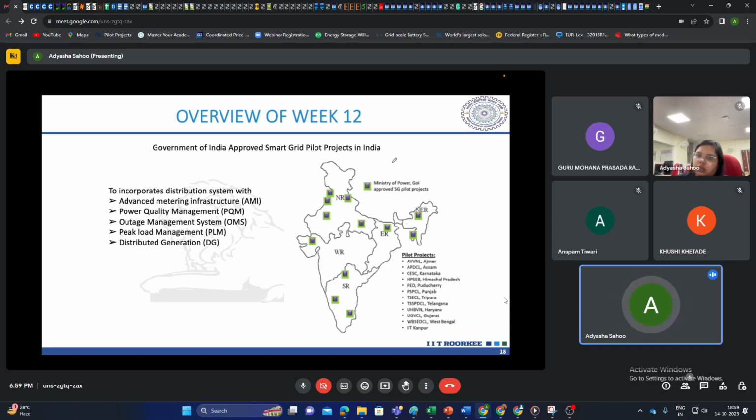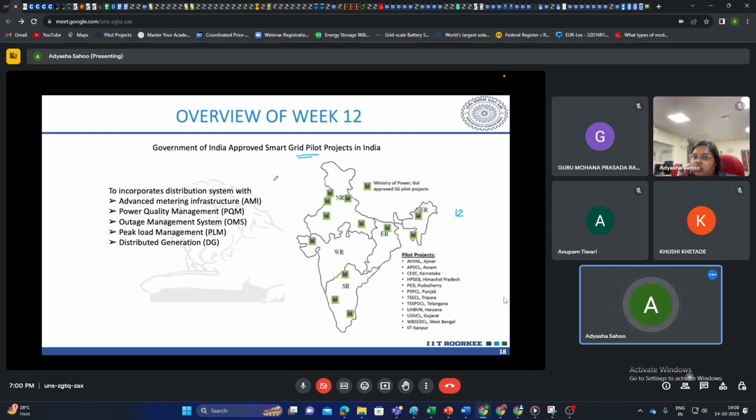Then coming to the various smart grid pilot projects that are running in the nation. So you can see here 3, 4, 5, 6, 7, 8, 9, 10, 12. Near about 12 pilot projects are being run across the nation, and their locations are given here. What these pilot projects are aiming at is changing our conventional grid to the smart grid by adding certain features.